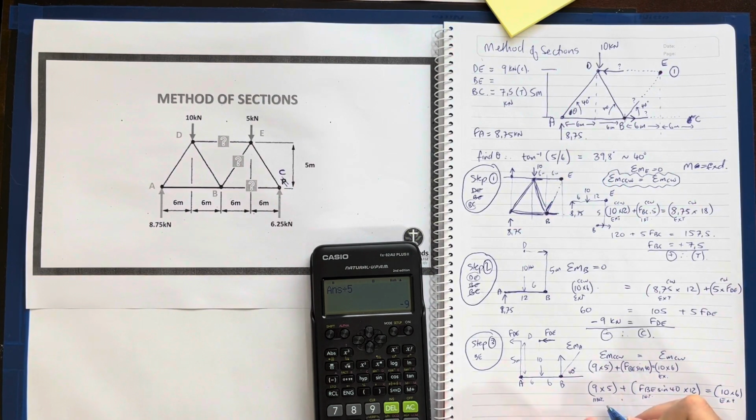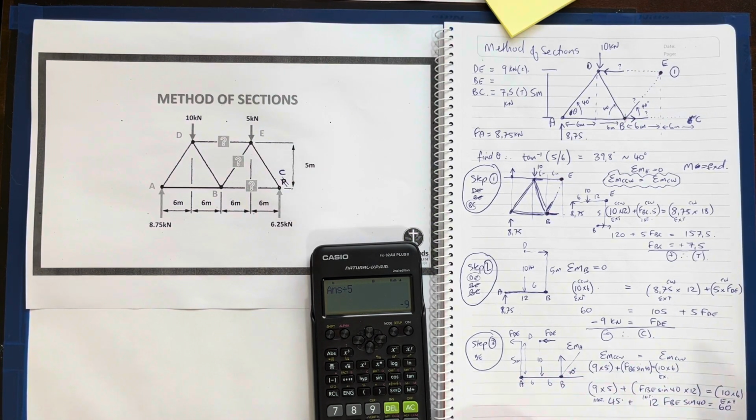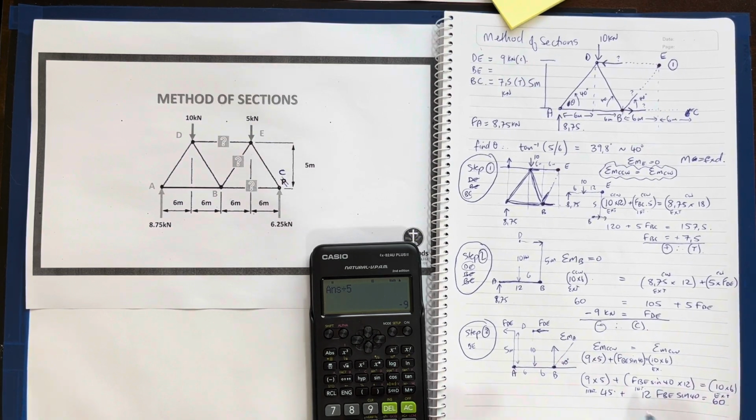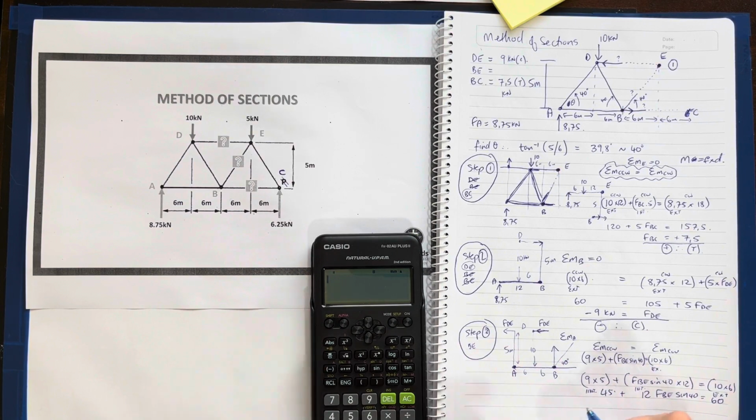9 times 5 is 45. Plus 12 FBE sine 40 equals 60. Hope you guys can still see this. So what that means is, I'm going to move over to this side.